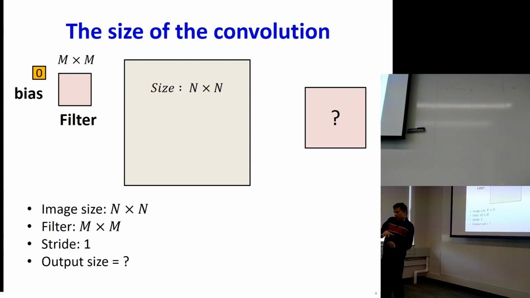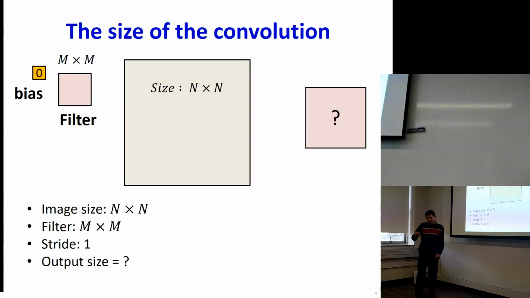So that means if it's n, then the width of the filter minus 1 is how much you're going to have to chop off from the end, right? Because you eventually get to a position where moving the filter even by one position goes off the edge of the board. So in that case, if you have a stride of 1, that's going to be n minus m plus 1, along each dimension. If you have a stride of s, what would that be?